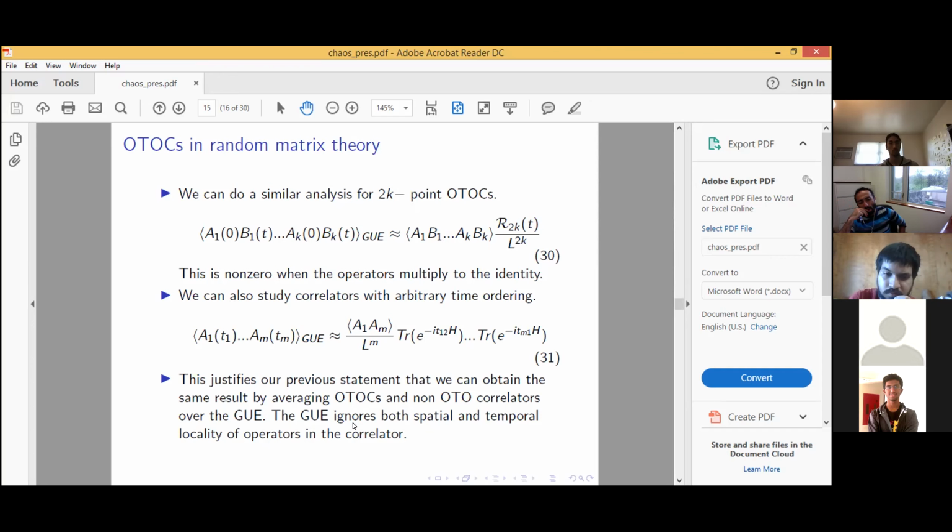So this sort of justifies our statement that temporal locality of operators is ignored by the GUE.